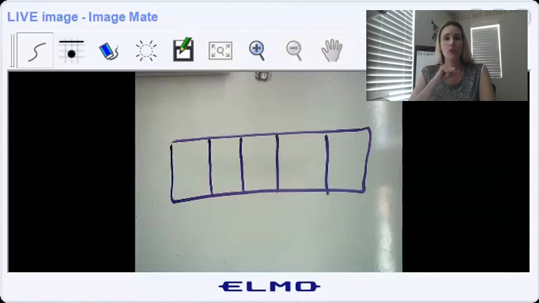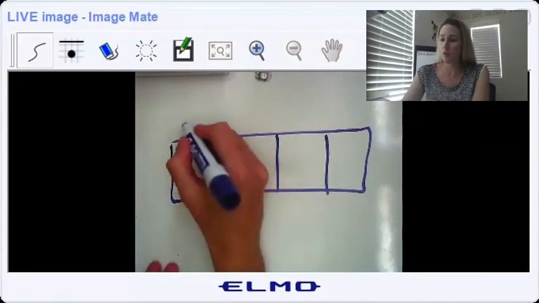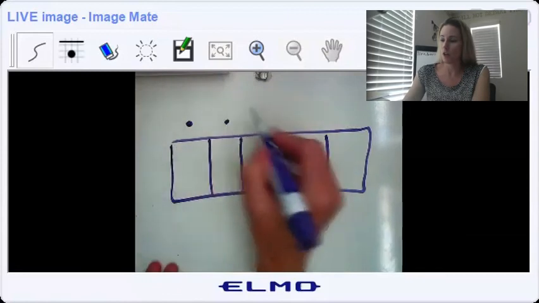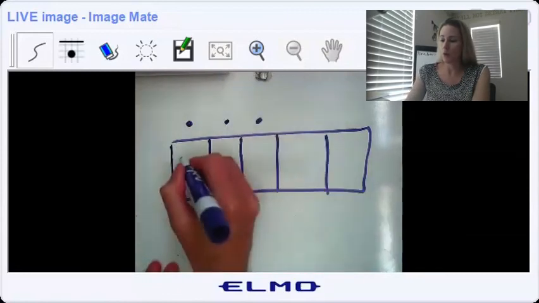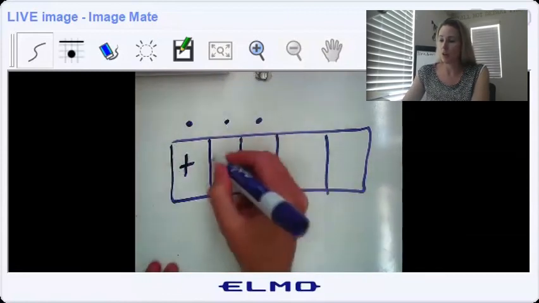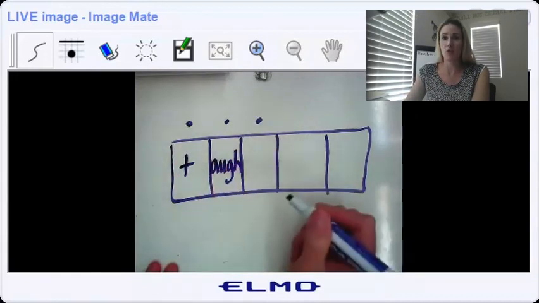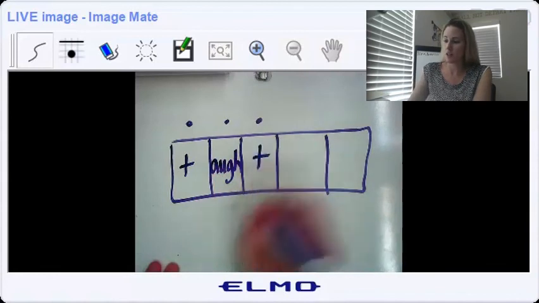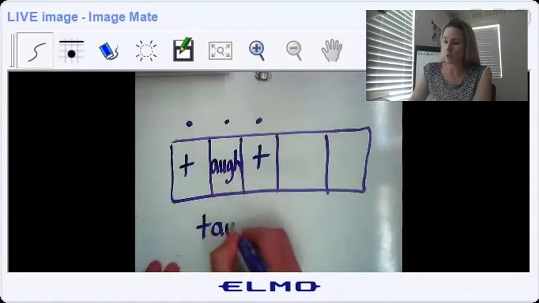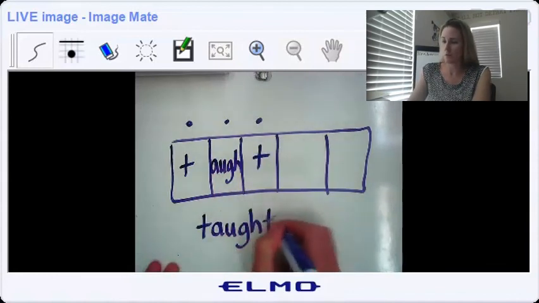T. In the word taught, I hear three sounds, three phonemes. Now we're not going to do the dots this time. You could, if you want to, add your dots up here to remind you. T. But what you will do is you will spell, now in this word it's A-U-G-H and then T. So the word is spelled like this.